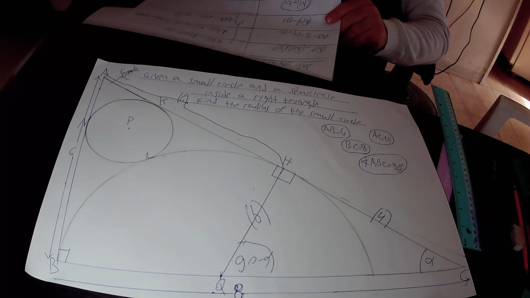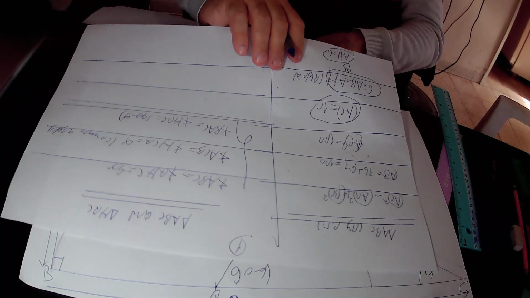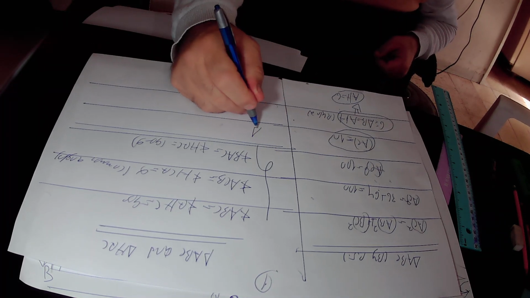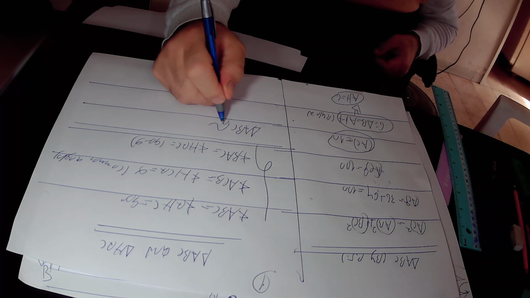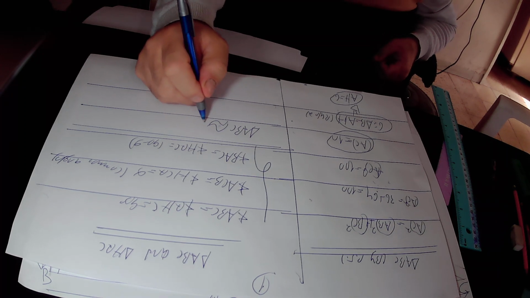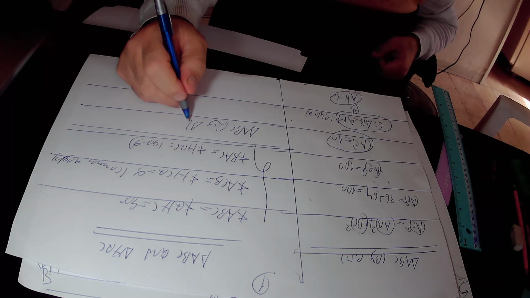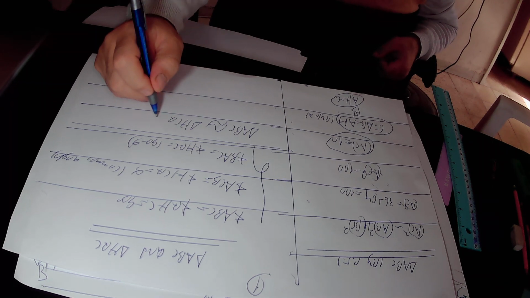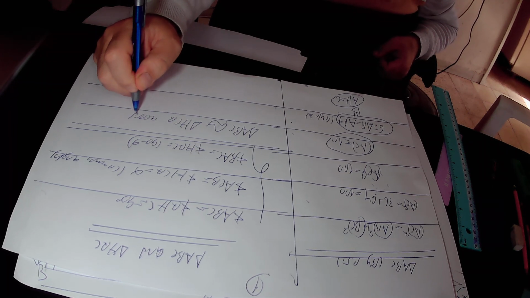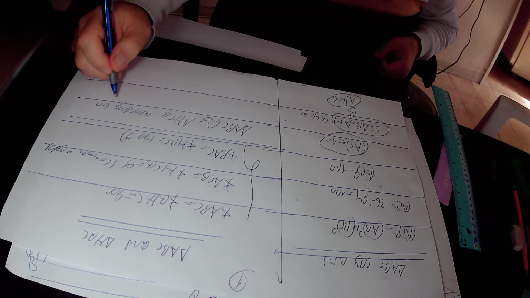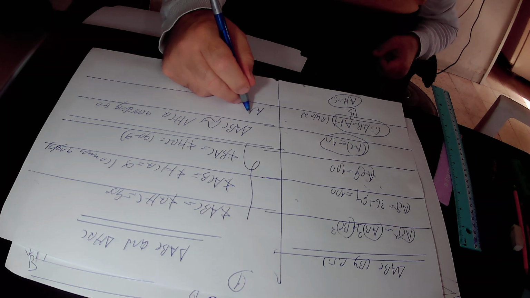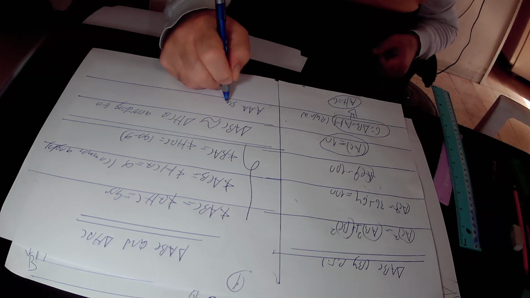So we actually found out that the big right triangle ABC is similar to the small right triangle HCQ according to the angle similarity rule.